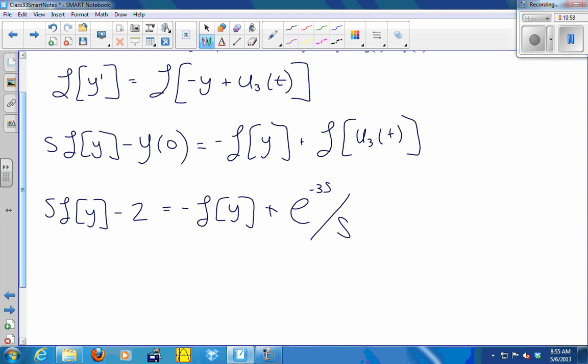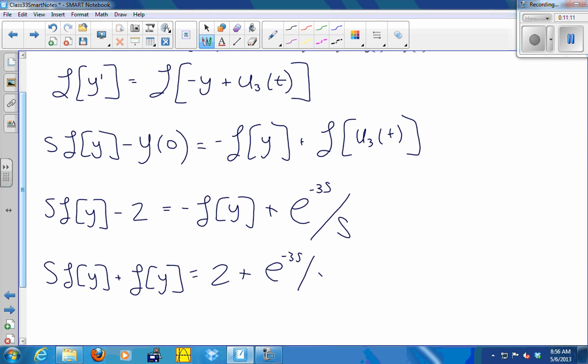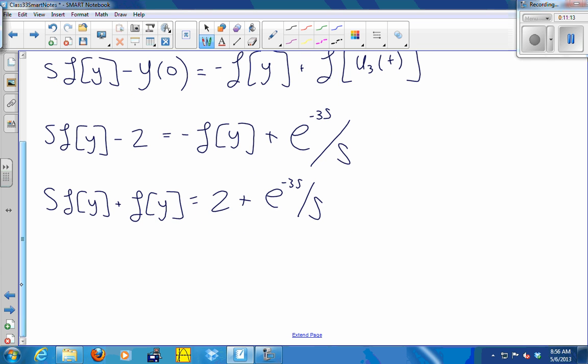So we add the Laplace transform of y to both sides. We add 2 to both sides. Factor out a Laplace transform of y.